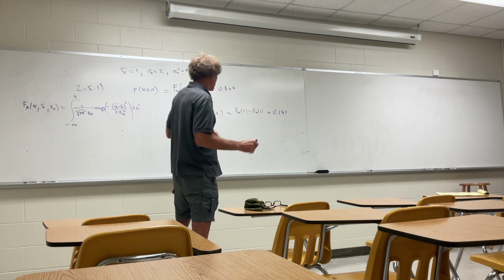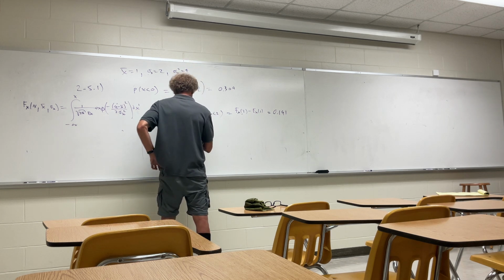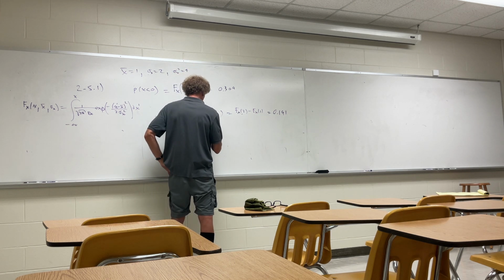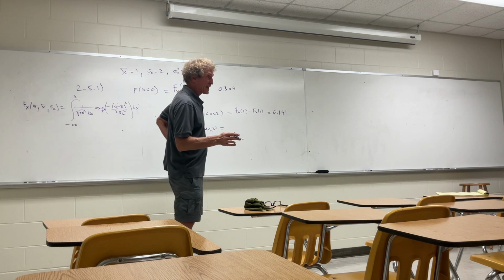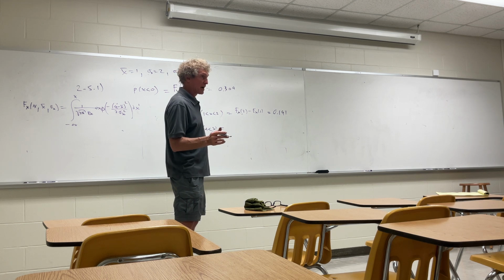All right, next part. The probability that the random variable is greater than 4, so x greater than 4. Now, we're getting to the point where we might have to do an approximation, but we're not there yet. Since the standard deviation is 2, we're not more than a couple standard deviations away. You all with me on this one, class?